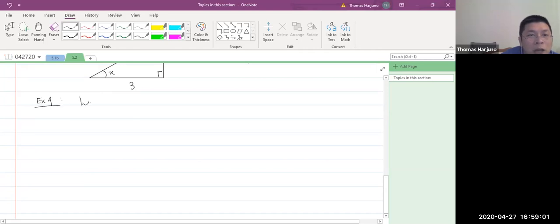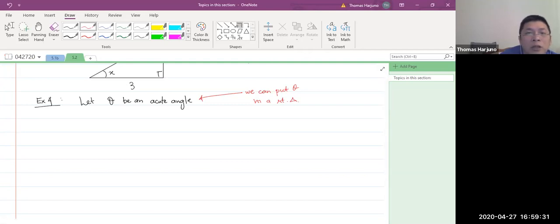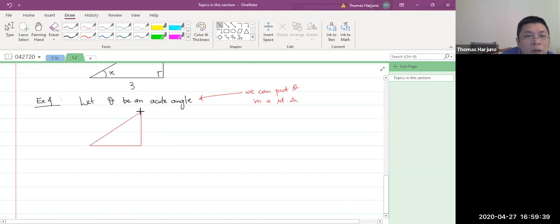Suppose they say, let theta be an acute angle. What does it mean if it is an acute angle? So one thing we can do is we can put this theta in a right triangle. Let's see, suppose we have the theta here.